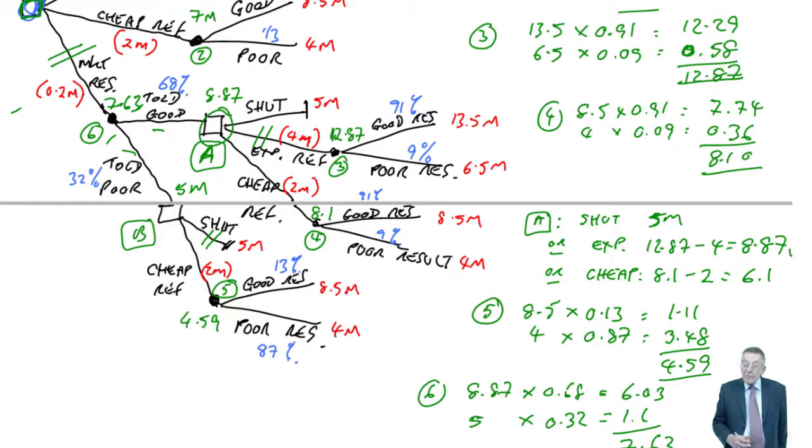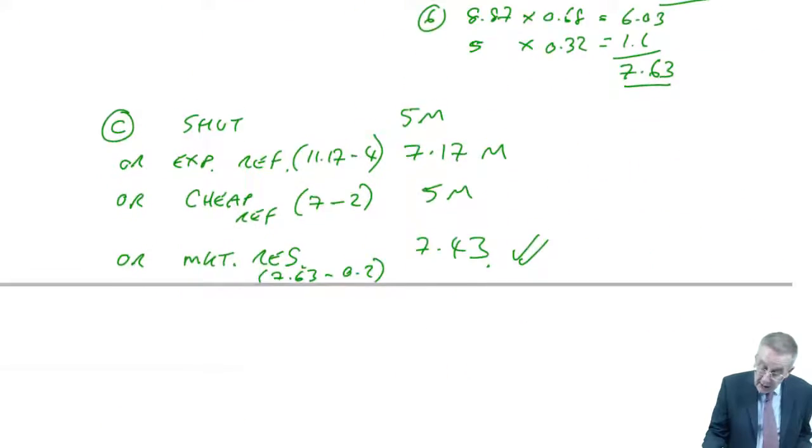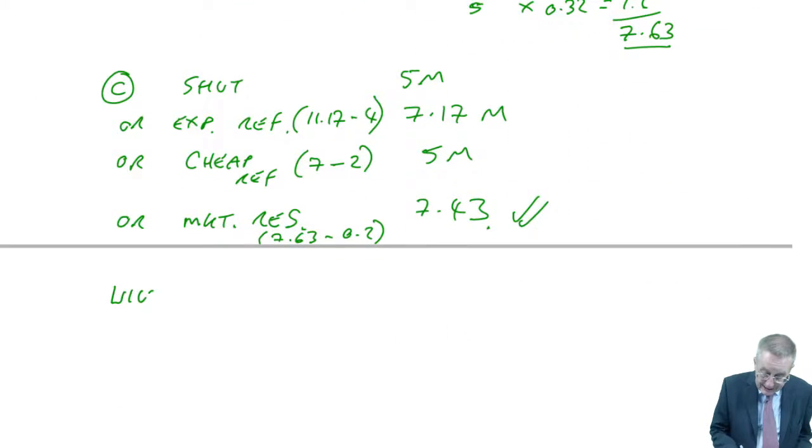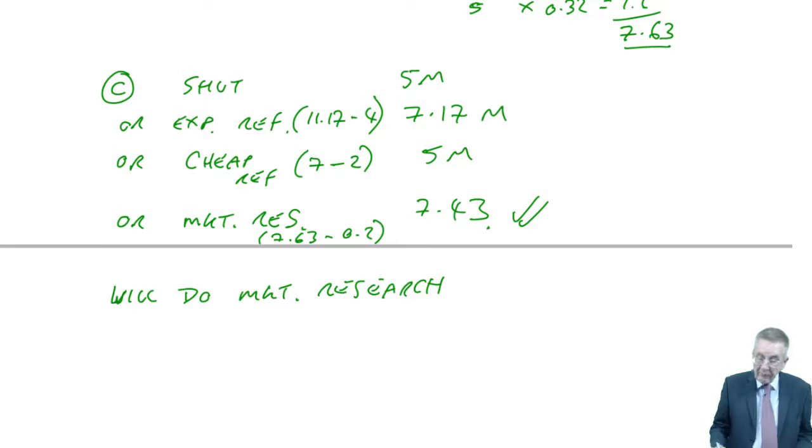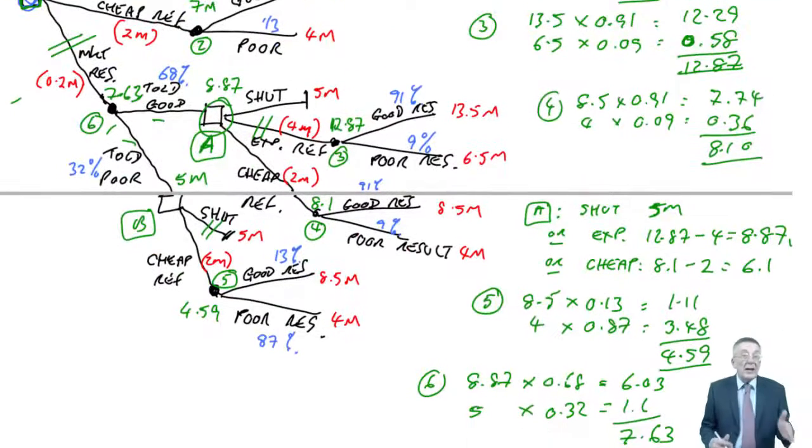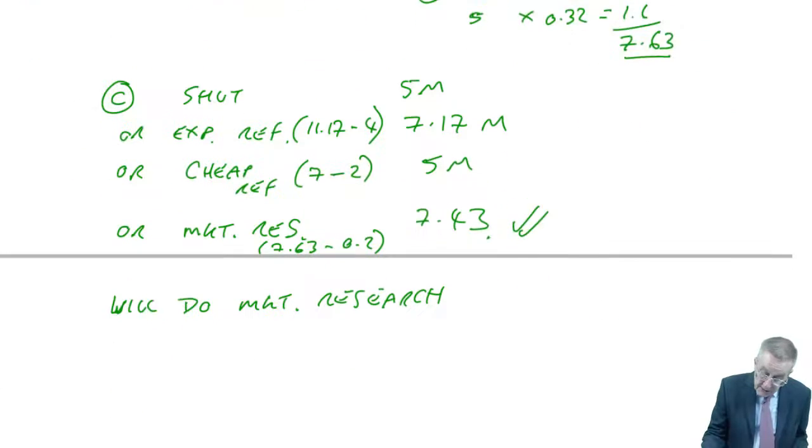And so there we are. Although strictly the full answer is this: we will do the market research. I hope you're clear why. But remember, because we're doing market research, there is another decision to be made later, depending on what they tell us. So the full answer, we should really write down. They give us two answers.